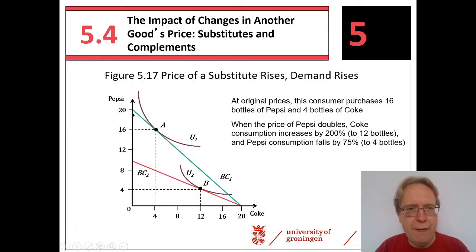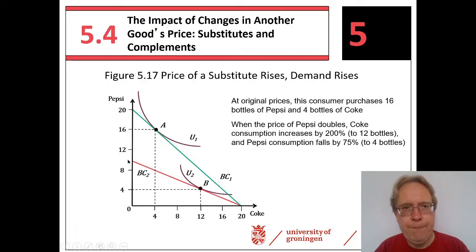Suppose that the price of Pepsi doubles. So again, that means a rotation of my budget line. I can only buy fewer Pepsi bottles than I did before, from 20 to 10, consistent with a doubling of prices. And as a result, my new consumption bundle is here, 12 Coke and 4 Pepsi.